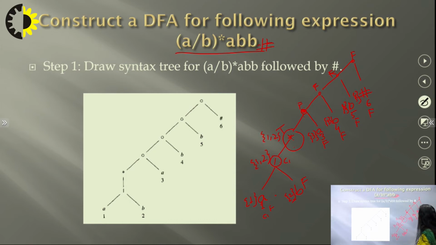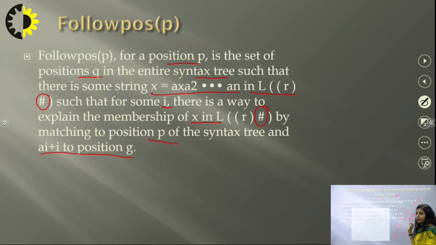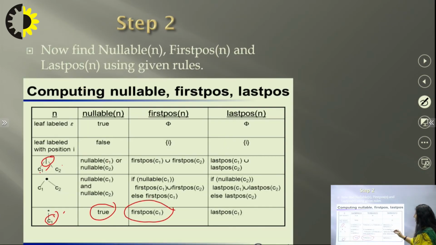Now, moving further, the next symbol is the concatenation symbol. To find the firstpos of the concatenate symbol, we have to use this rule.